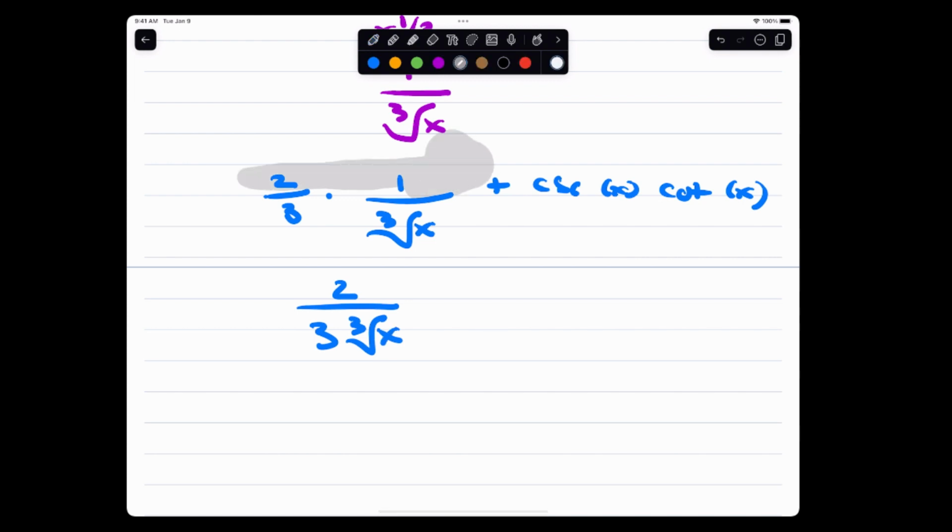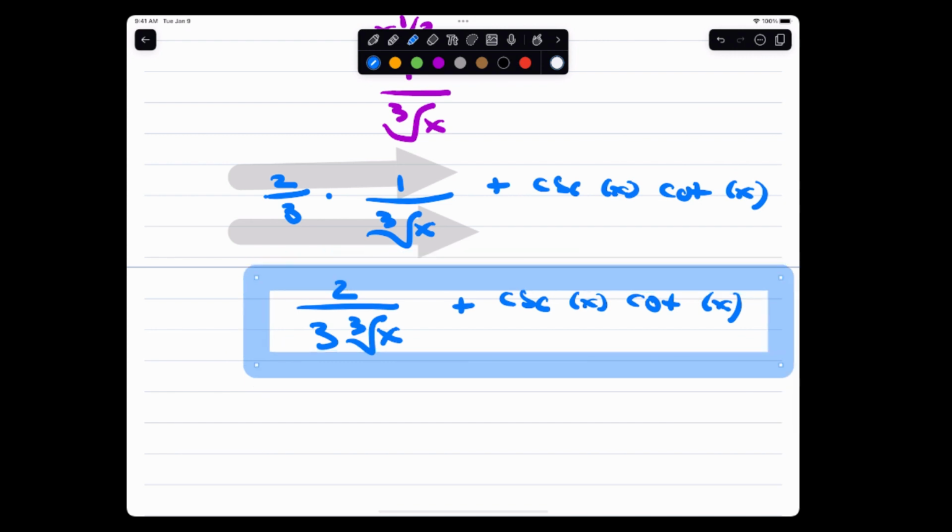It's what? You're multiplying two fractions, right? Horizontal across. Okay, so you're going to multiply those two fractions. And you are what? Done.